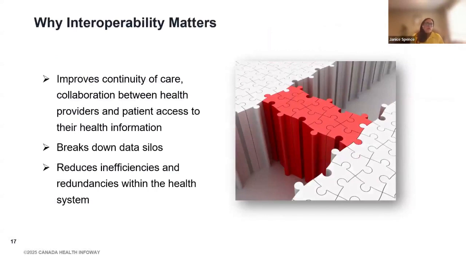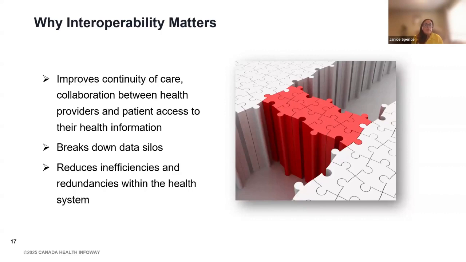So here we want to talk a little bit about why interoperability matters. And I know it's a bit of preaching to the choir because a lot of us here on this call understand the finer points of interoperability, and more importantly, where there's a lack of it, what can happen. So imagine a family physician wants to communicate with a specialist in another practice, but they have different solutions. While some solutions offer secure messaging capabilities, most cannot communicate with all other systems.